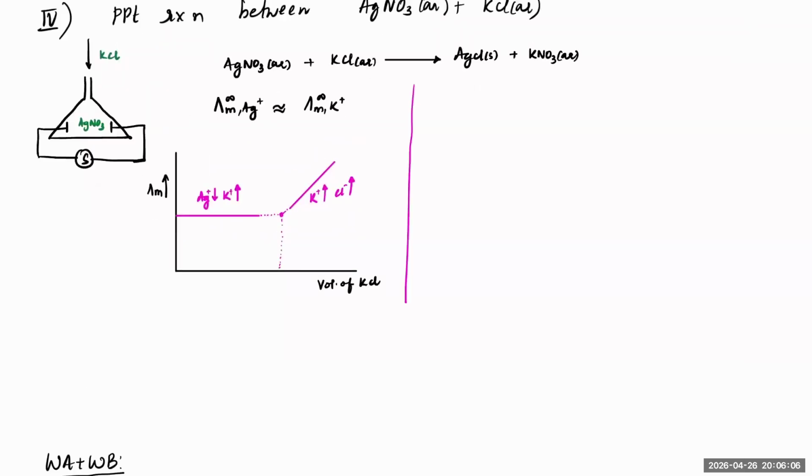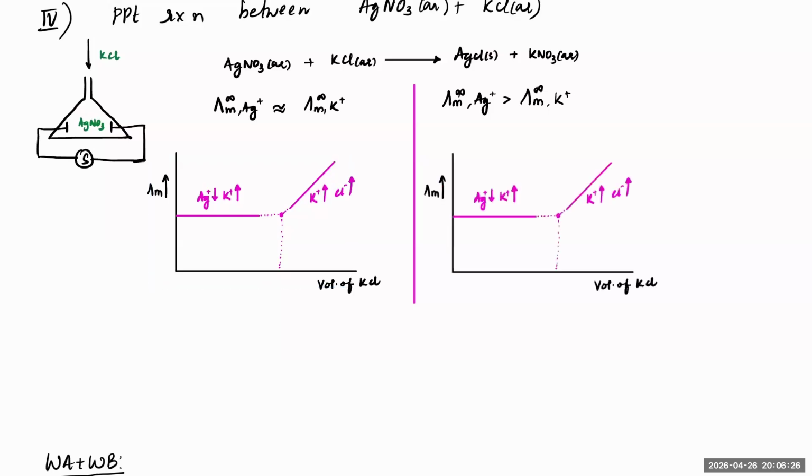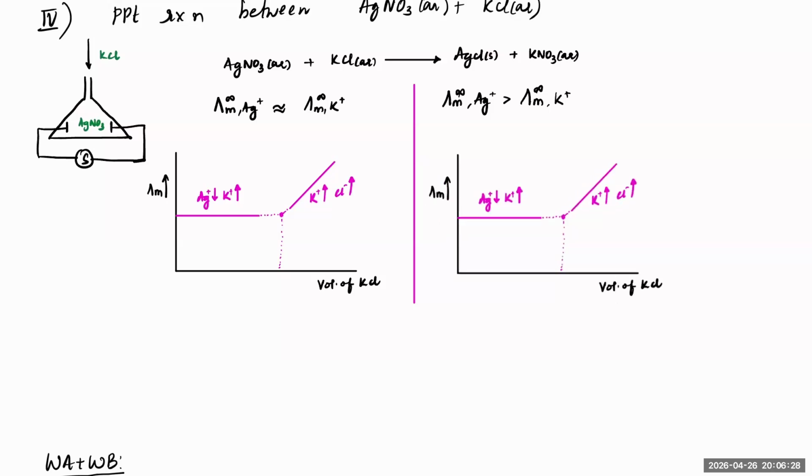Now, this is one case. What if lambda m infinity of Ag plus is slightly greater than lambda m of K plus? In that case, how does the graph work? Please check it out. Initially, Ag plus concentration is decreasing and K plus is replacing it, so definitely there will be a slight decrement in the conductance initially. From here, this is how it decreases.